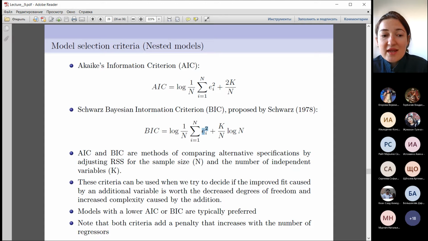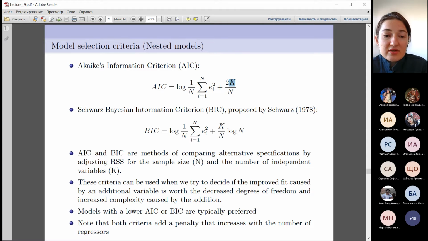So you can use AIC and BIC as methods of comparing alternative specifications, where you adjust the residual sum of squares by the number of variables, yeah, and the total number of observations, or let's say sample size here.